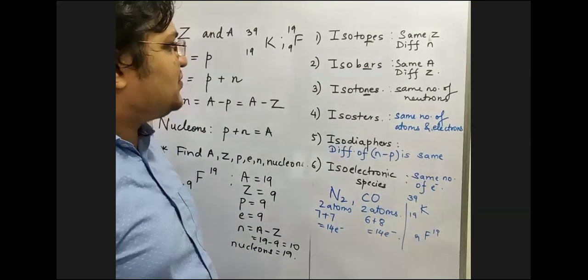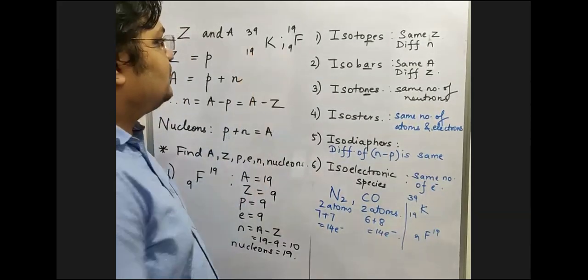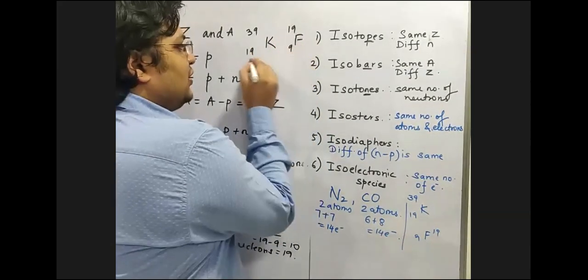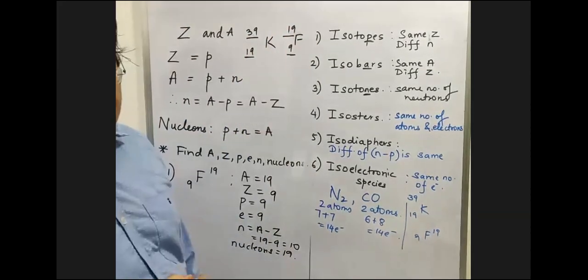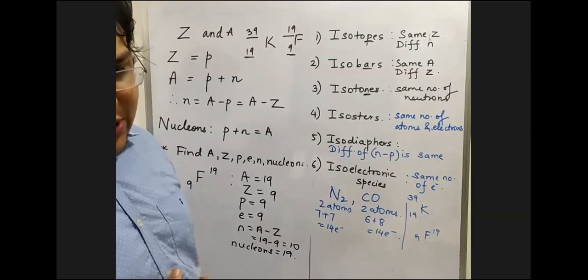They are not isotopes. 19 है या 9 है? Are they isobars? They are not isobars also.